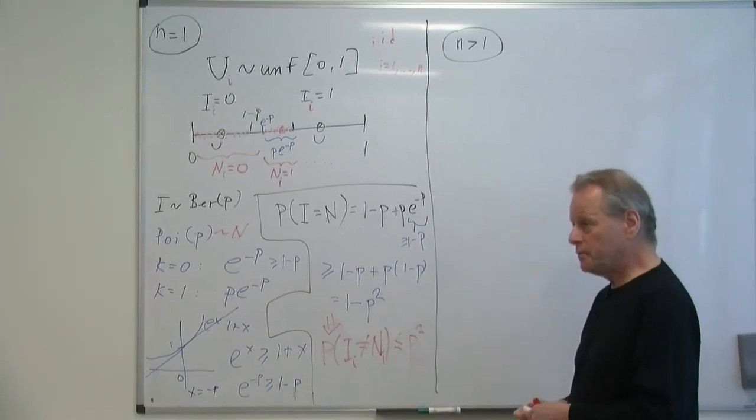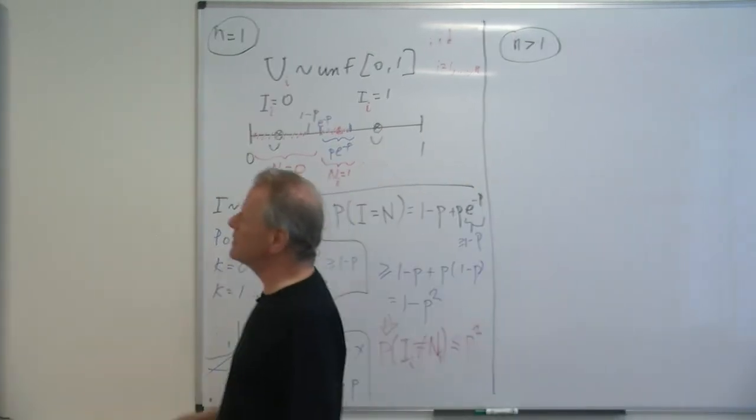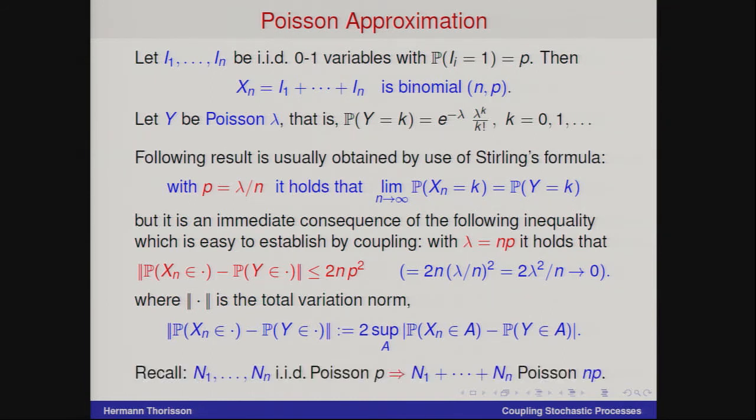And now these are the i's in the definition here. So xn is just the sum of these i's, just like here. Now I would like to see y as a sum of the n's, and that's on the next slide. If you have IID Poisson p, the sum will be Poisson np.